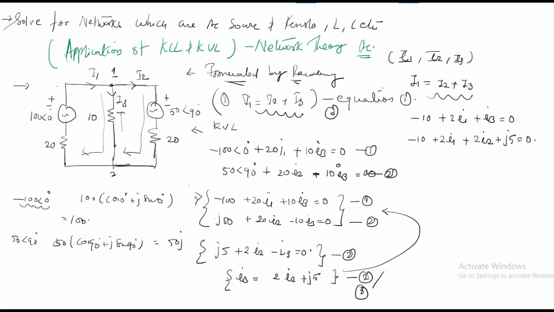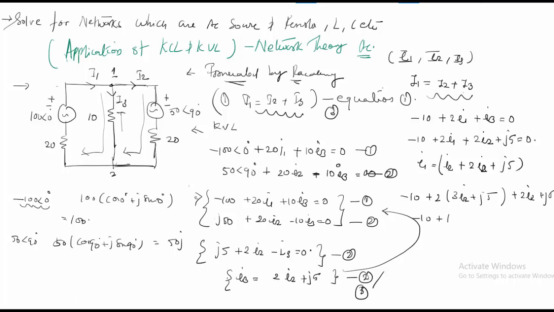Based on this, you have got I1 is equal to I2 plus I3. So my I1 is equal to I2 plus, if you substitute your I3, 2I2 plus j5. So if I am substituting that, minus 10 plus 2 into 3I2 plus j5 plus 2I2 plus j5 is equal to 0.